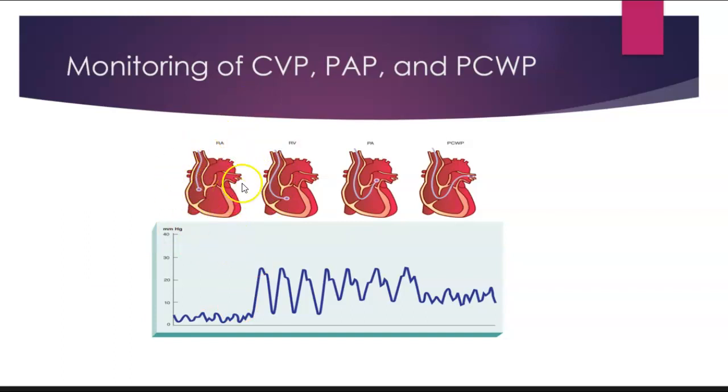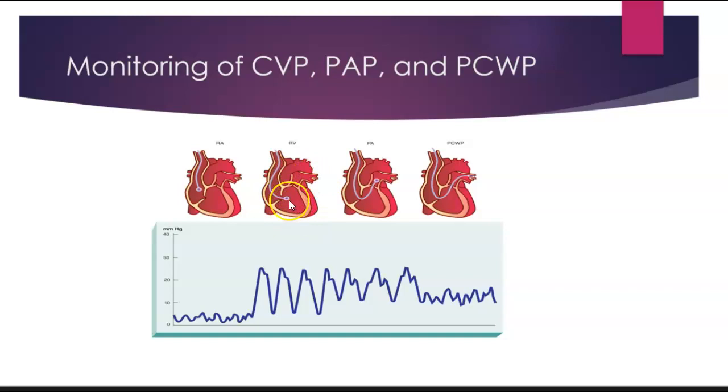This is going to give you a lot of very good information, as we'll talk about in the next slide on hemodynamics and the volume status of your patient, because it's where all of the blood that's returning to your heart goes. So it tells me a lot about whether I have enough volume in general. Then as we move on, we're going to be able to assess our right ventricle pressures.